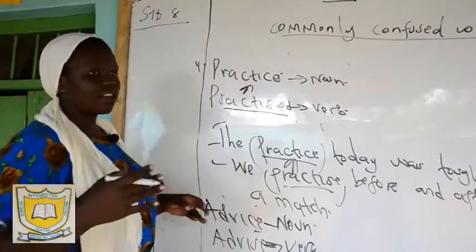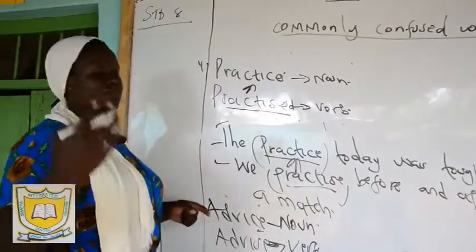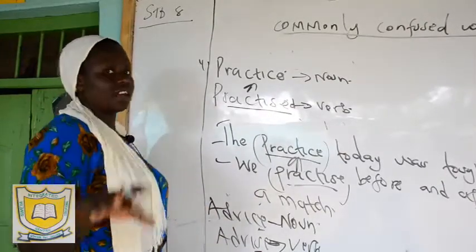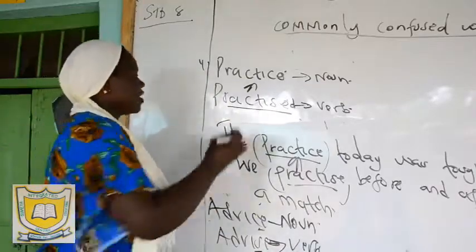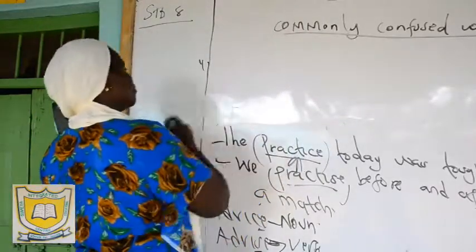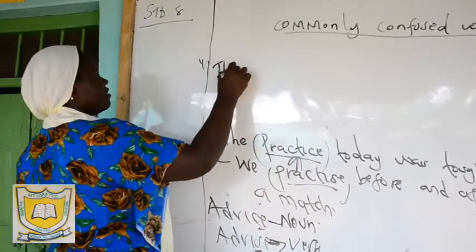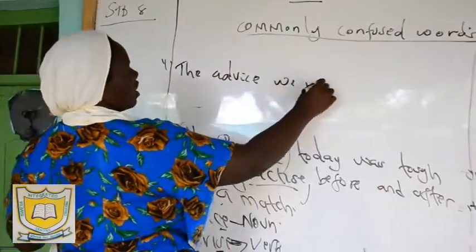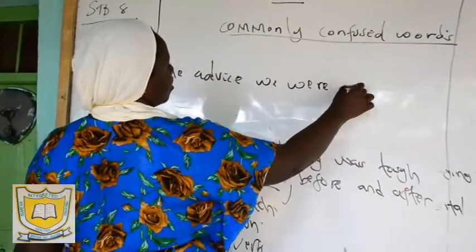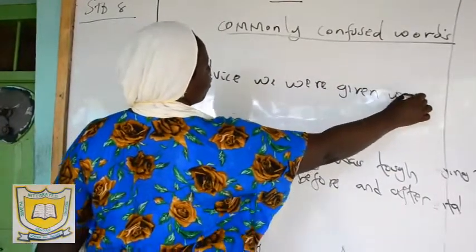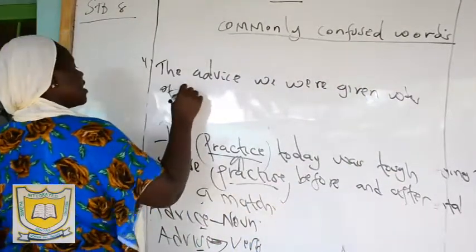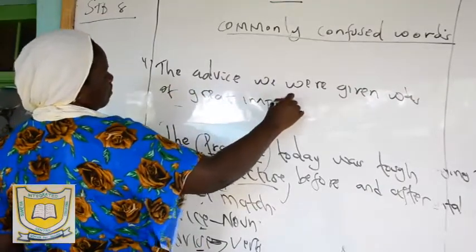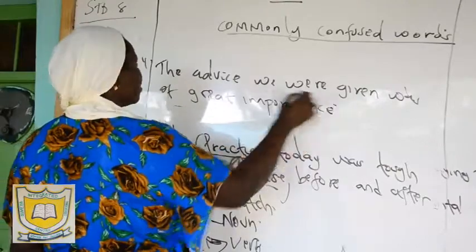Like the action of being told not to do something is with an S, but what you are being told is with a C. So we can say the advice we were given was of great importance.